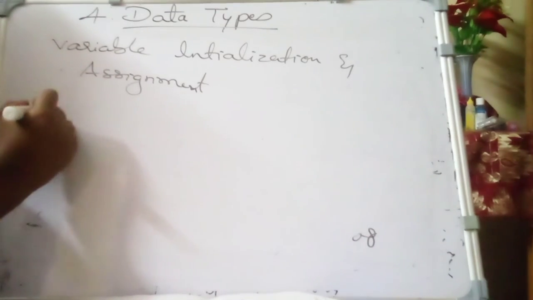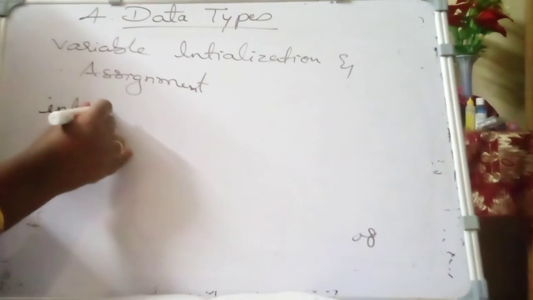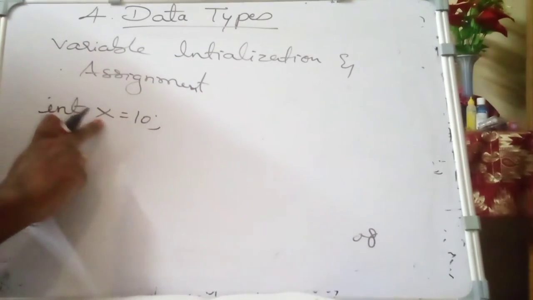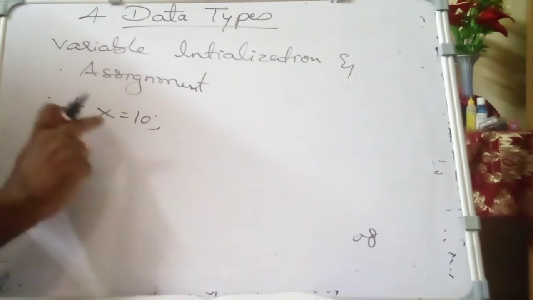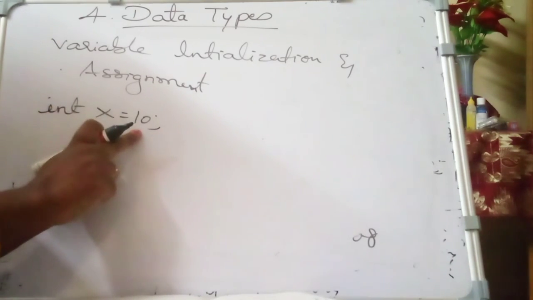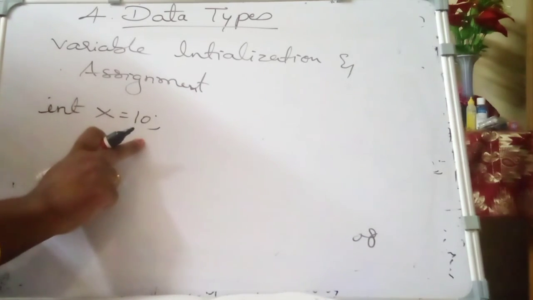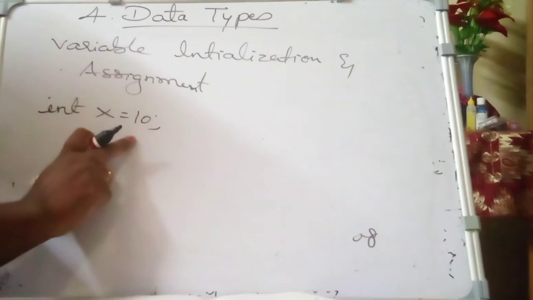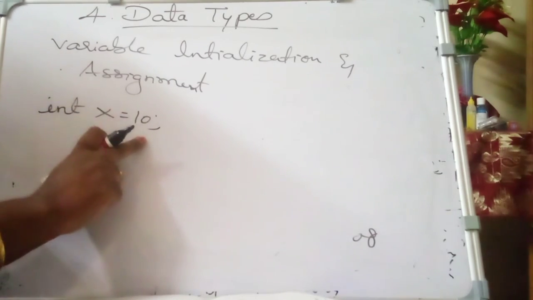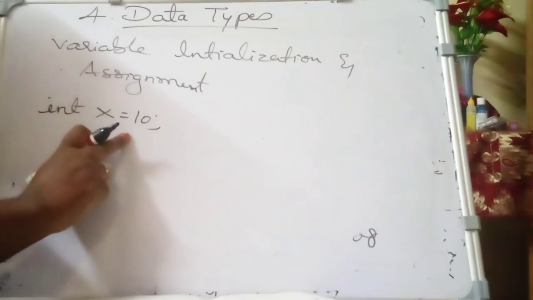Suppose I write int x equal to 10. It means that I am declaring variable x of integer data type and this variable x is holding the value 10. So this variable x is initialized with the value 10. That is the meaning of this statement.